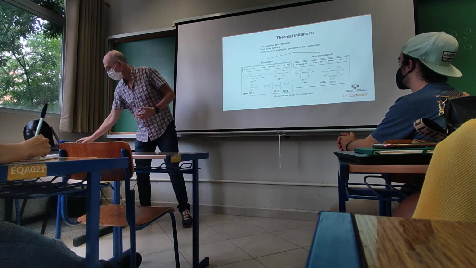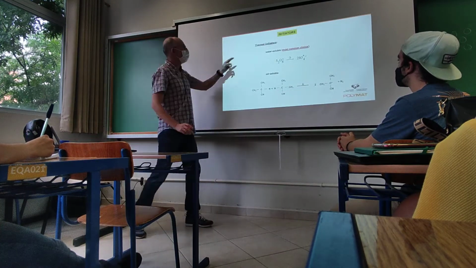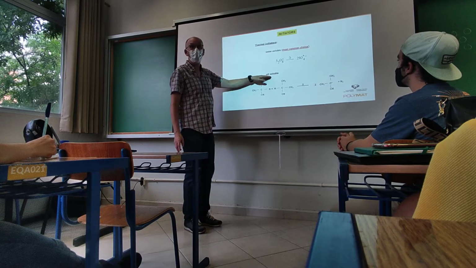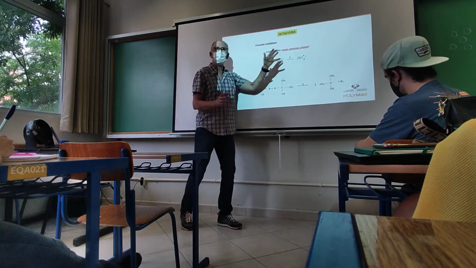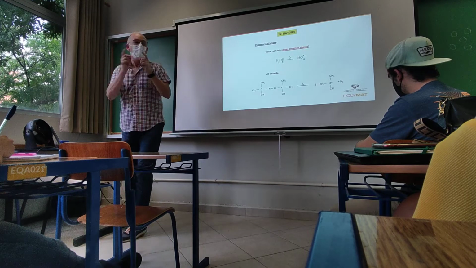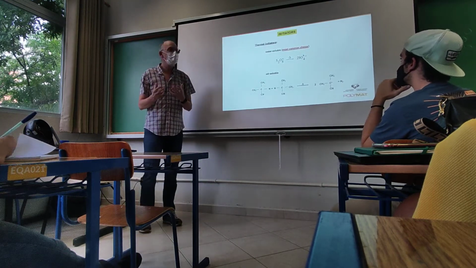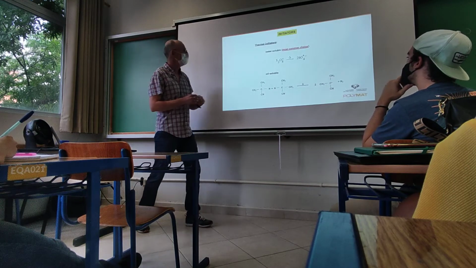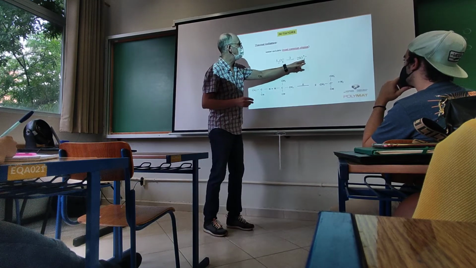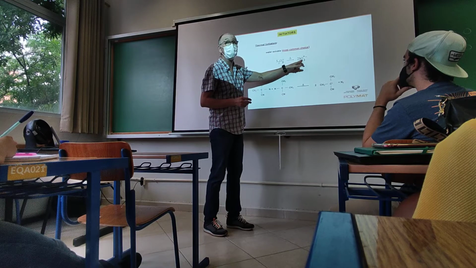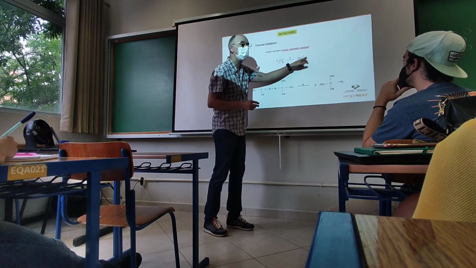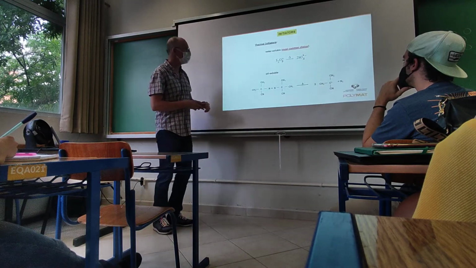So these initiators can be, as I said, water soluble and oil soluble. Water soluble initiators are preferred. Oil soluble initiators can be used, but water soluble initiators are preferred in emulsion polymerization. So you will have these radicals which are hydrophilic. They dissolve in water. The persulfate radicals dissolve in water.